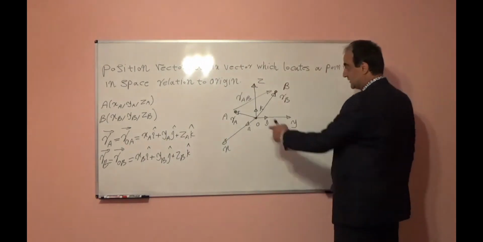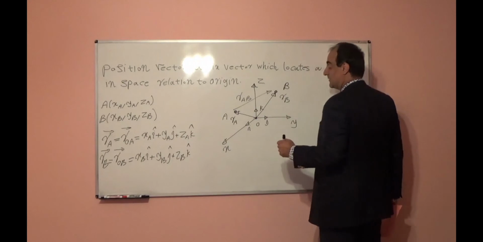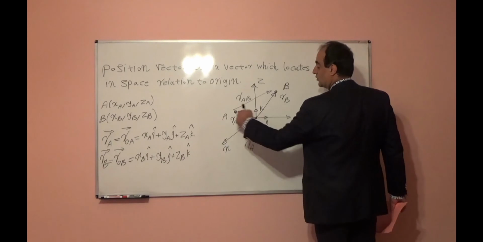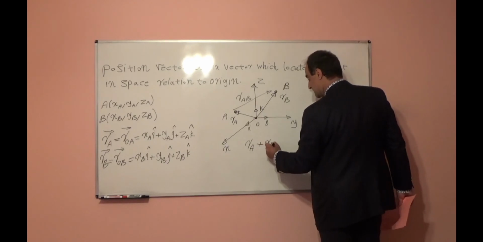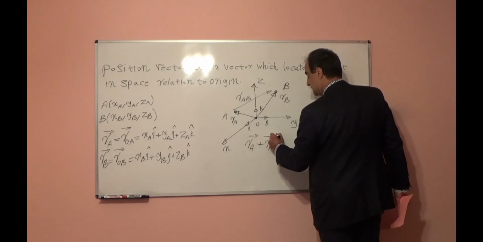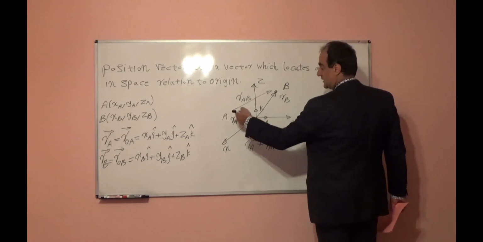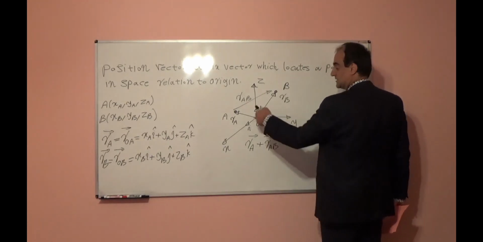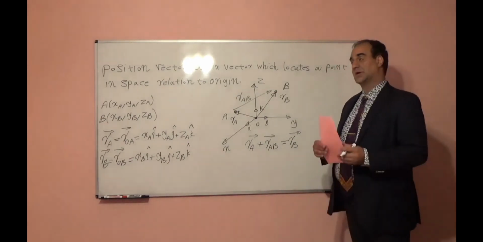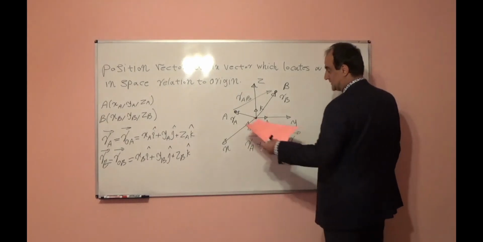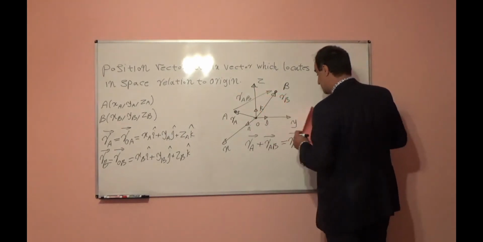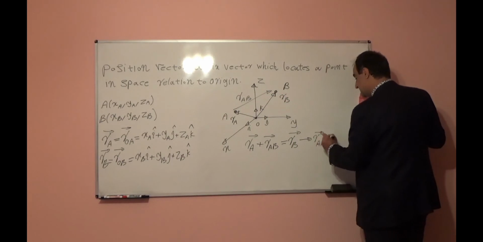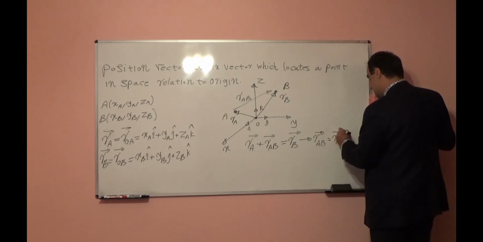From vector addition, in this triangle, if we apply the triangle rule, rA or rOA plus rAB, this vector plus this vector, is equal to rB, because it is one triangle. From here, I can write rAB is equal to rB minus rA.